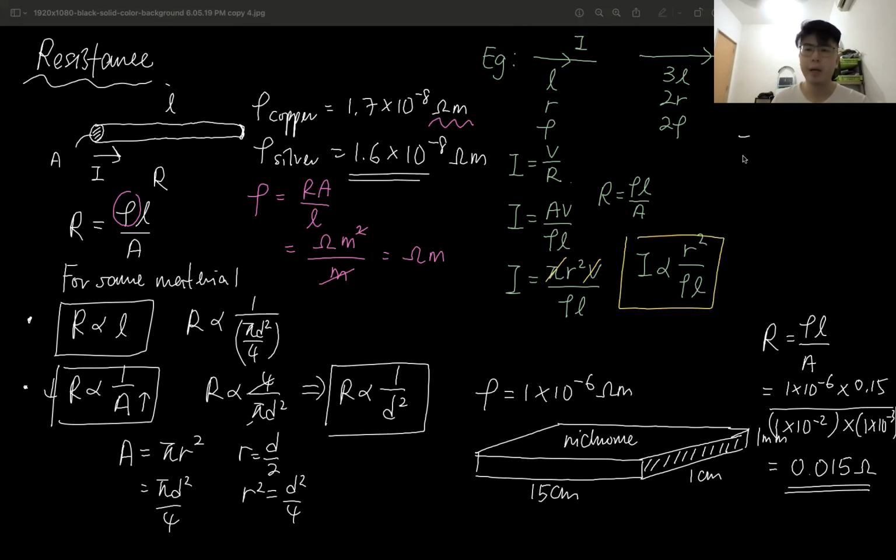So I equals R square over rho L, equation 1.